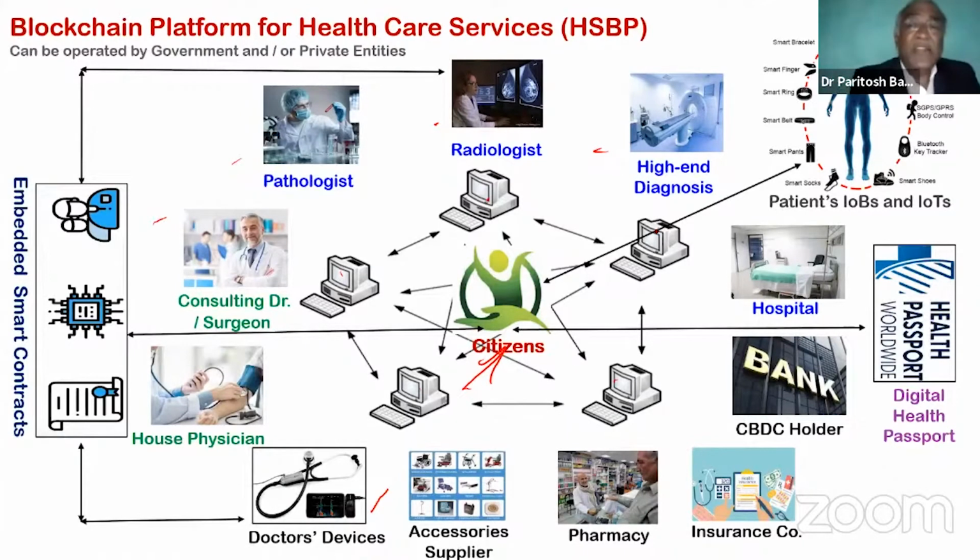All these will function in a very orderly manner, following the policies, guidelines, and legislations, the guidance of the World Health Organization and the country's health organization, through an embedded smart contract.